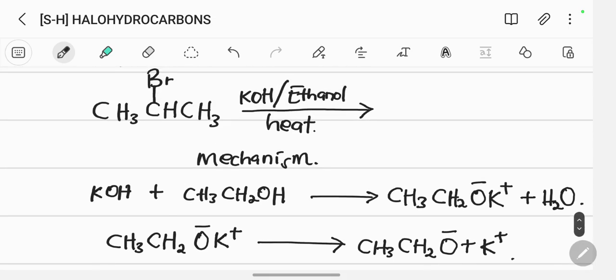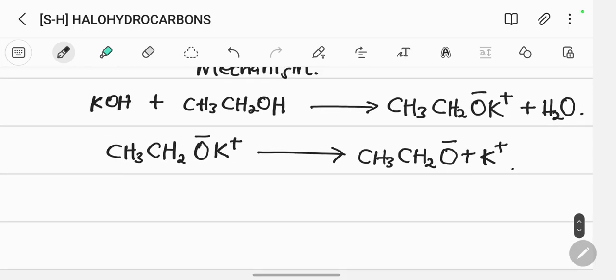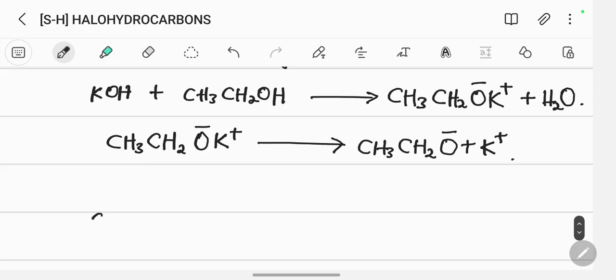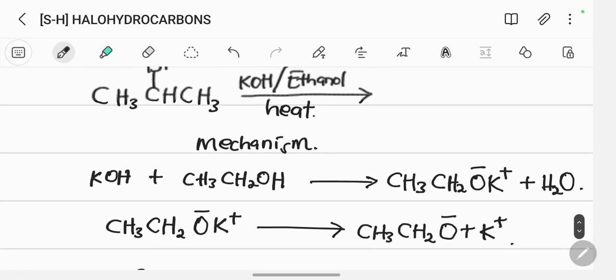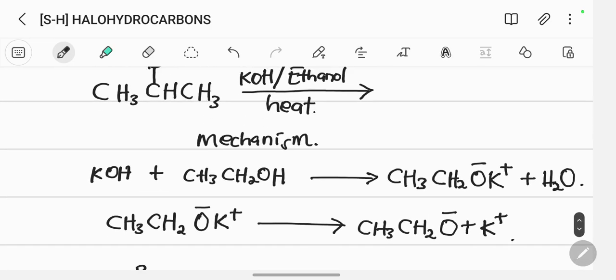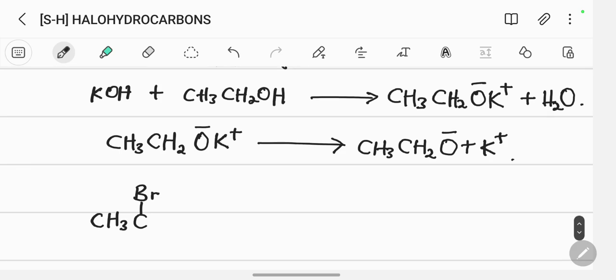Now we know very well that such reactions having alkyl halides that are secondary, for example this one, a secondary alkyl halide undergoes unimolecular reactions.